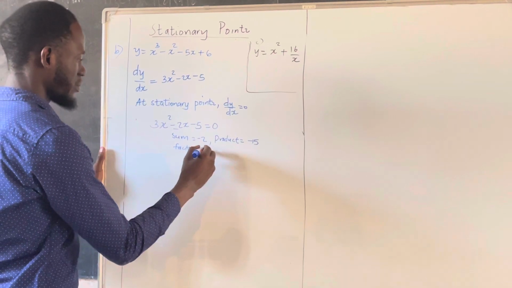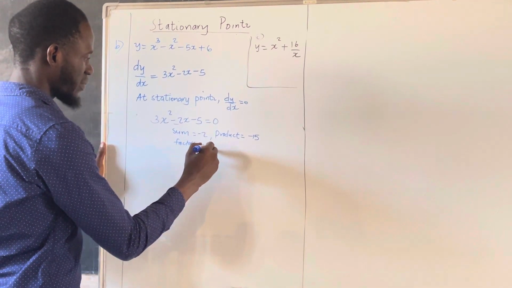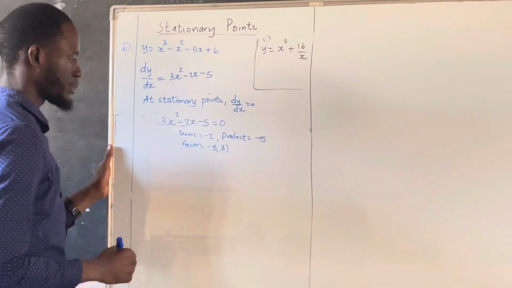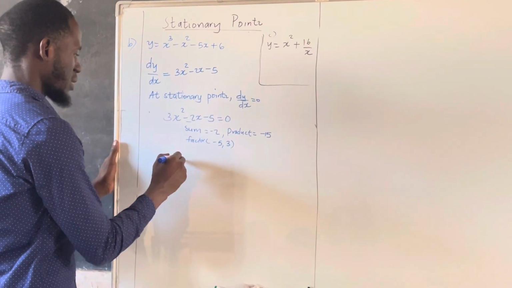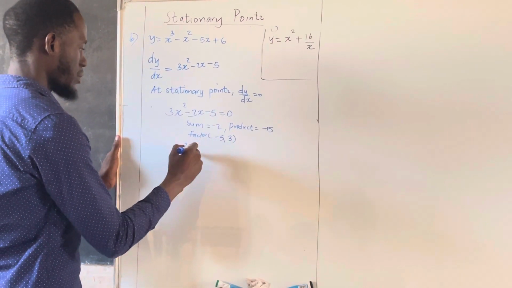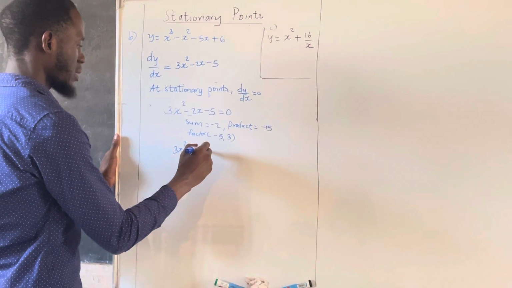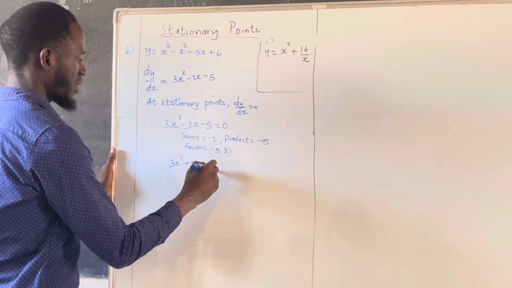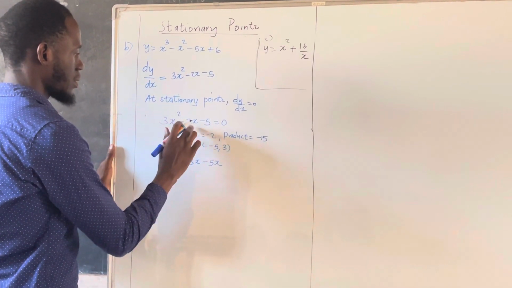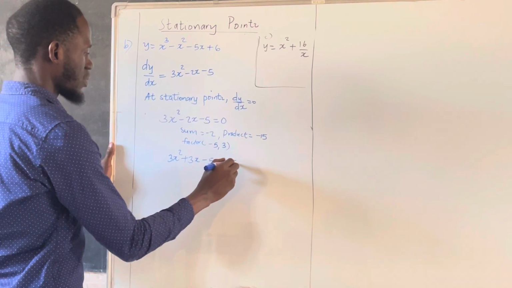We have a negative 5 and a positive 3. This gives us 3x squared plus 3x minus 5x minus 5 equals 0.